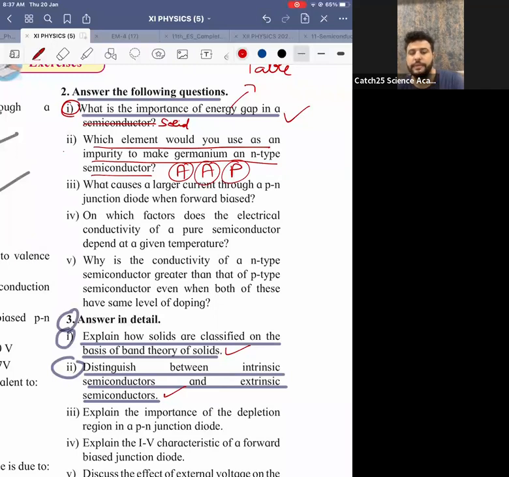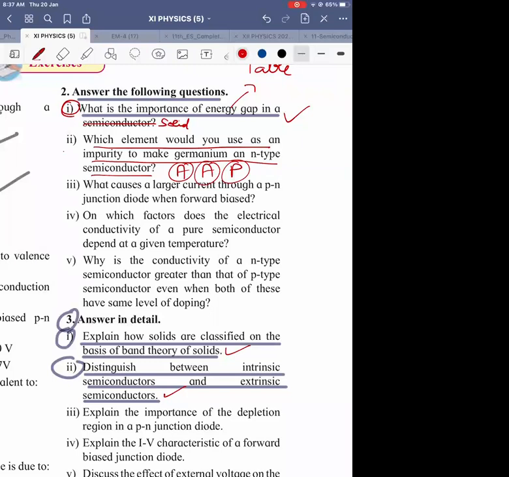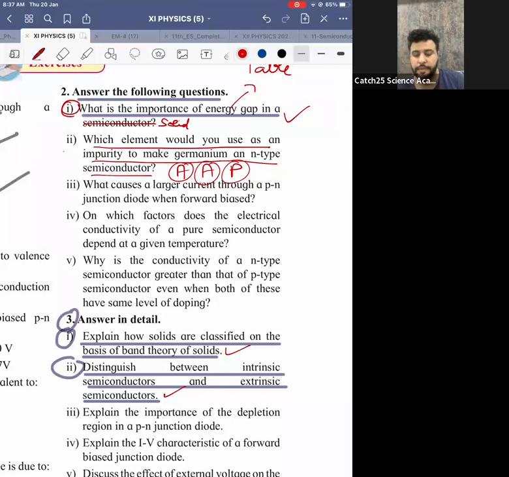Write the question and the answer as well.